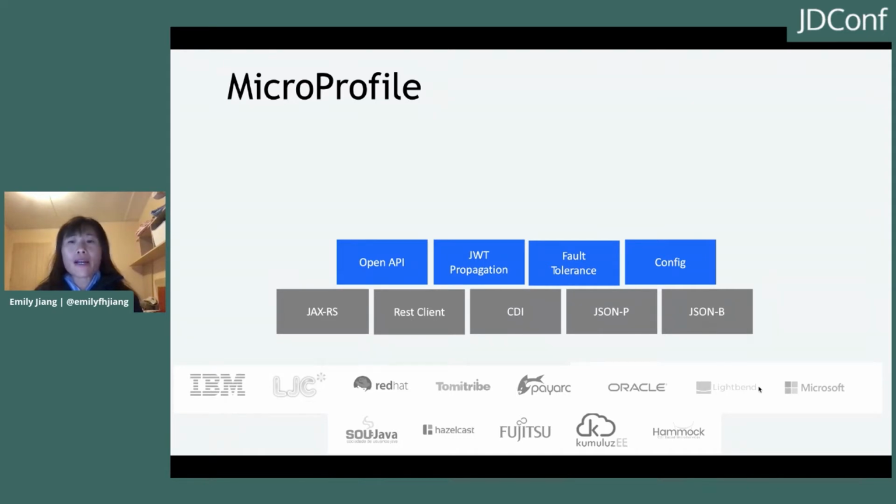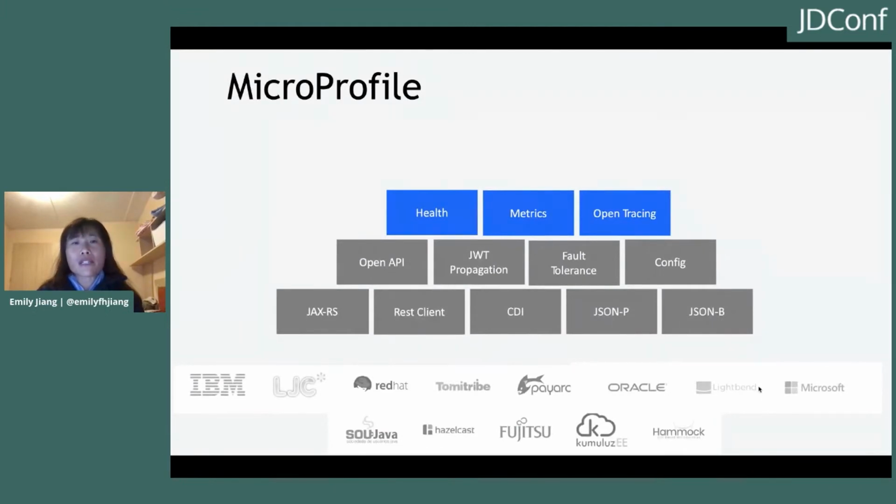You use MicroProfile Config to store the config information in the underlying environment, and you use the MicroProfile Config API to directly inject it into your microservices. You use MicroProfile Fault Tolerance to create resilient microservices, JWT propagation to secure microservices, and MicroProfile OpenAPI to document them. These are the quality of services you need.